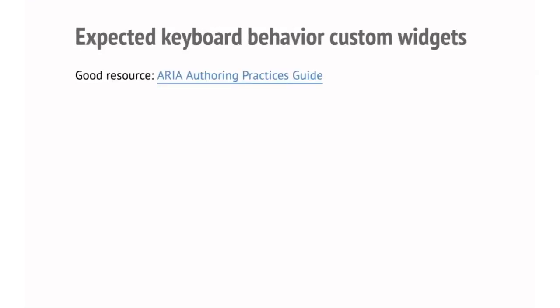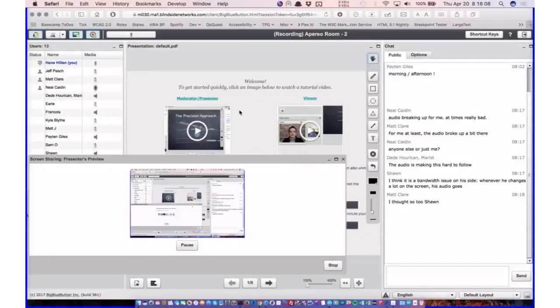At times, your audio appears to be breaking up pretty badly. Several of us are experiencing that, making it kind of hard to hear you. I wonder if there's something I can do about that, like dialing in or something. I'm sorry, what do you want me to do? Oh, I'm not sure. Sean says, I think it's a bandwidth issue on your side. Whenever you change a lot on the screen, that's when he's noticing the audio gets worse. So maybe slow down the changing, or wait for the change to happen before you start speaking. Is there a possibility to dial in through a phone?